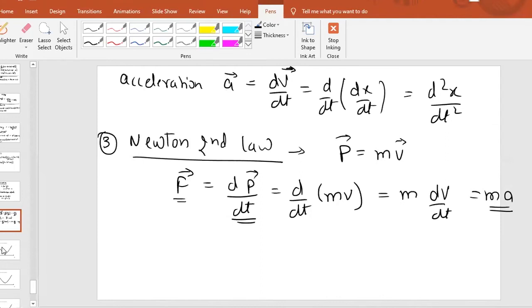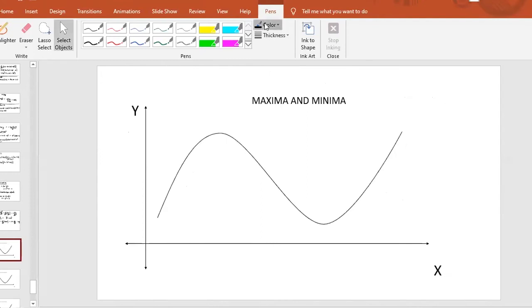Now the next application of derivative is maxima and minima. But first of all, you have to understand why we are using differentiation.